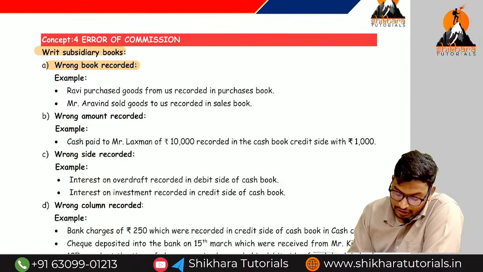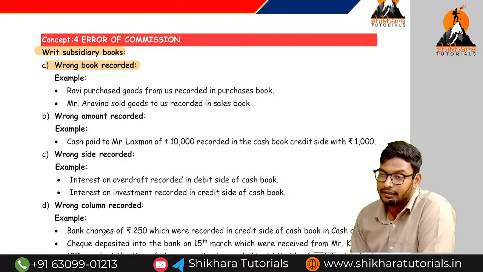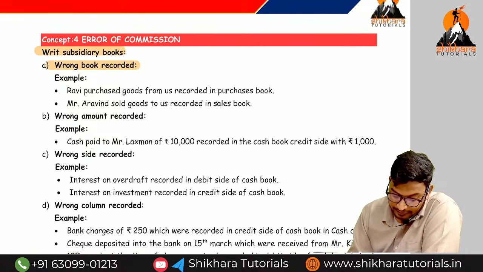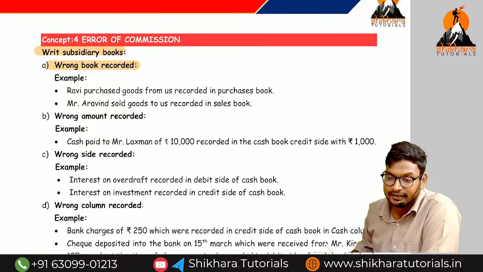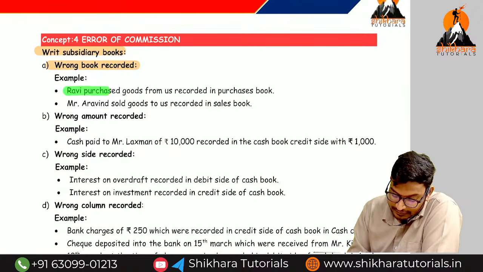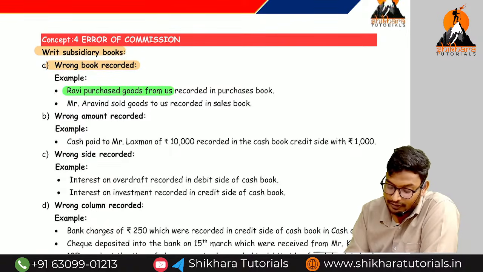First one, wrong book recorded means that instead of recording in the purchase book, they have recorded in the purchase returns or sales, like that. See here, Ravi. Is the first part right or wrong? First part is right, with green; wrong with pink. Ravi purchased the goods from us. This is the correct transaction. What is the wrong transaction?